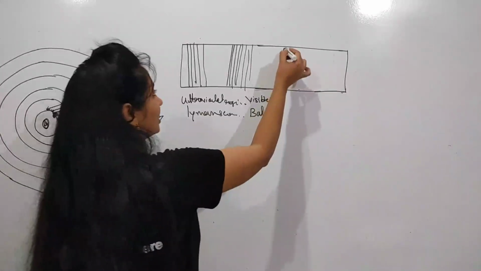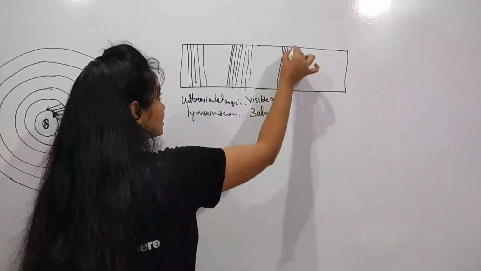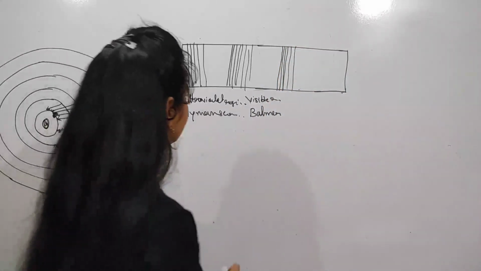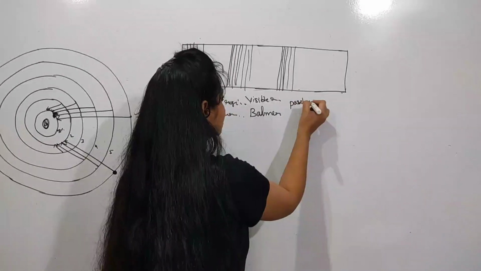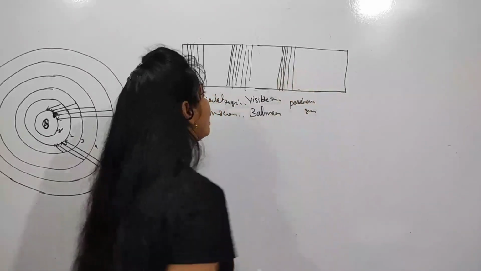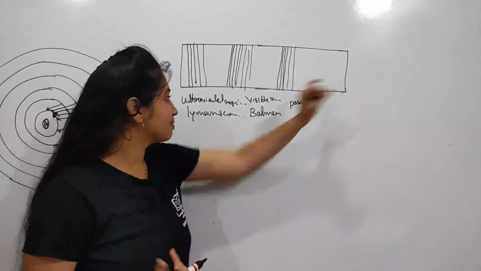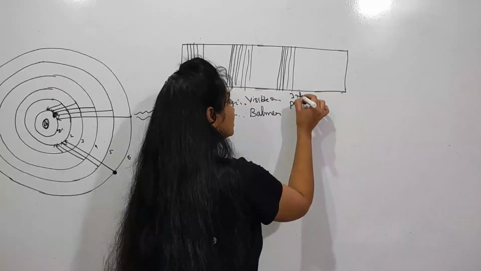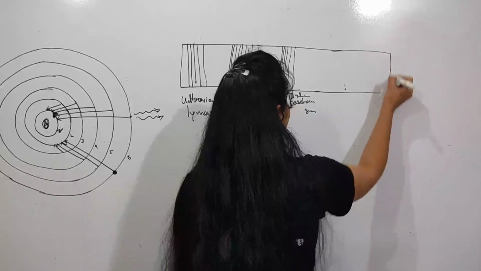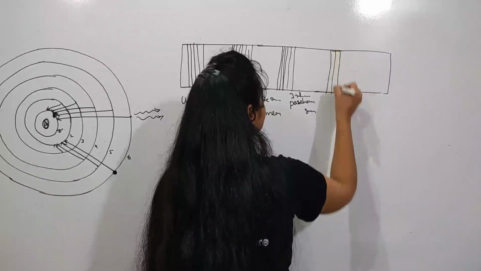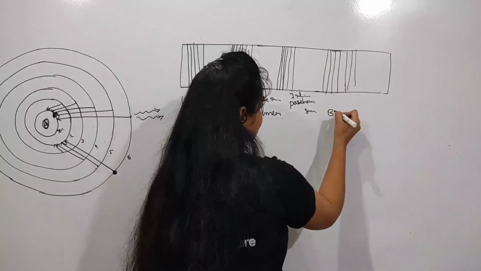Next we have another set of lines, which we call the Paschen series, and these radiations' frequencies and energies match the infrared region. Then another set: the Brackett series.